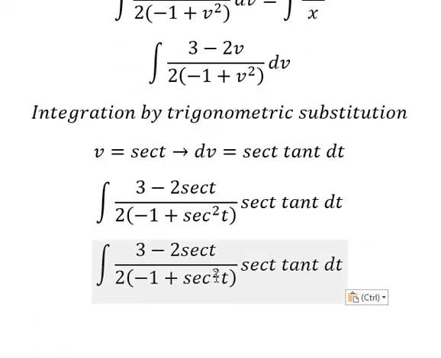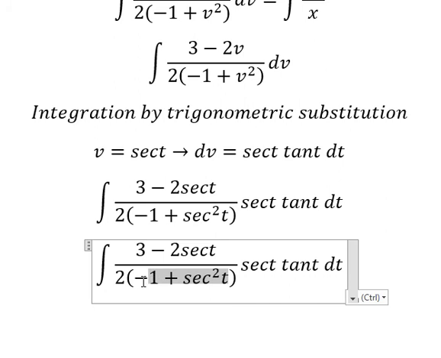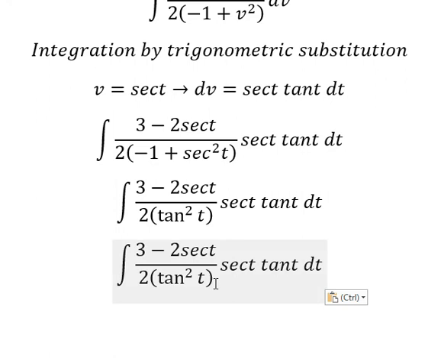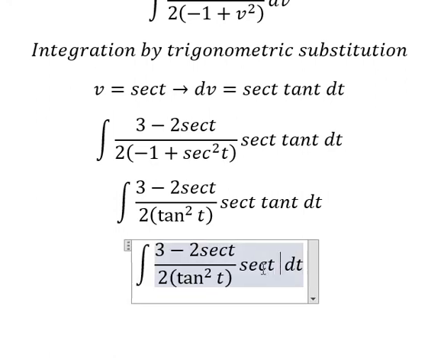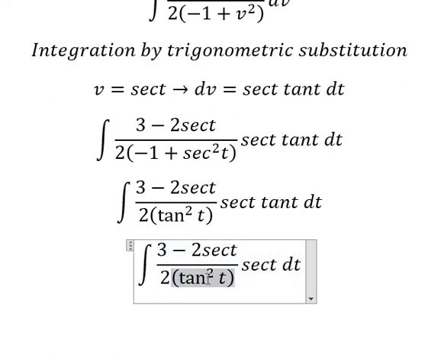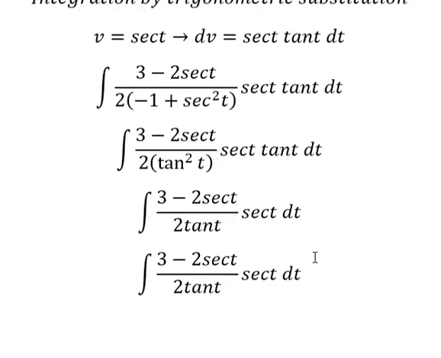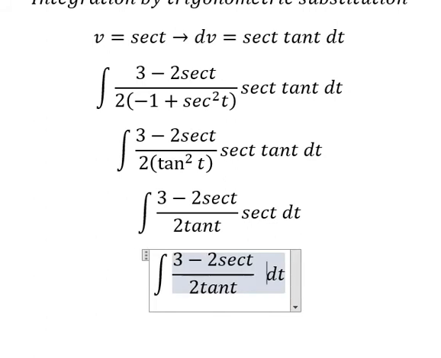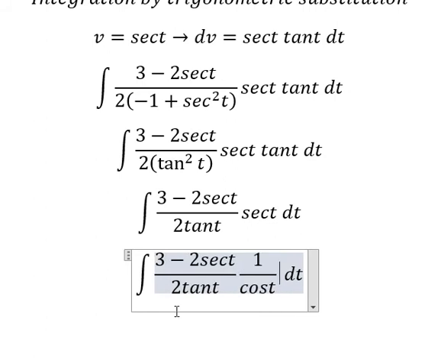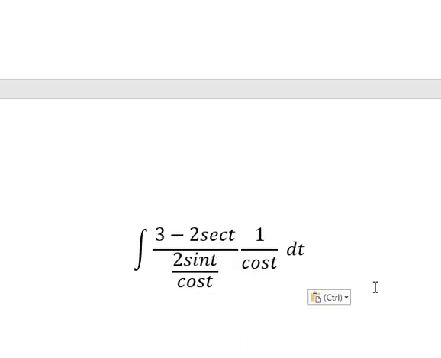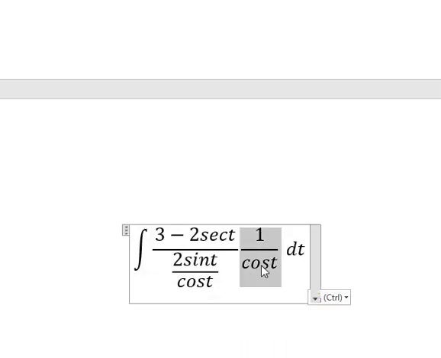Negative 1 plus secant of t squared, we change for tan t squared. Tan t, we simplify. Secant of t, we change for 1 over cosine t. Tan t, we change for sine t over cosine t. Cosine t, we simplify.